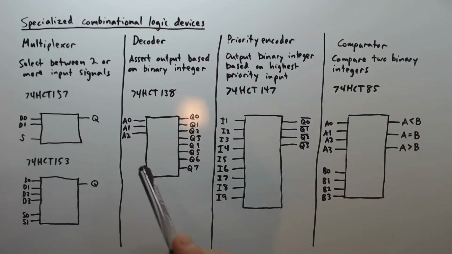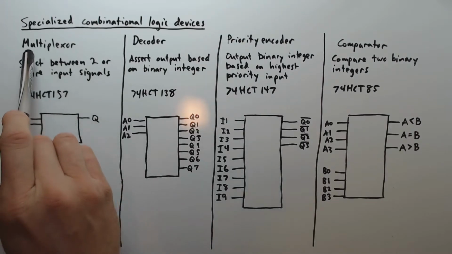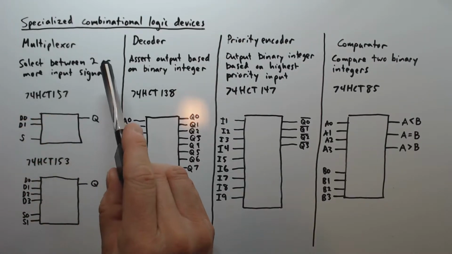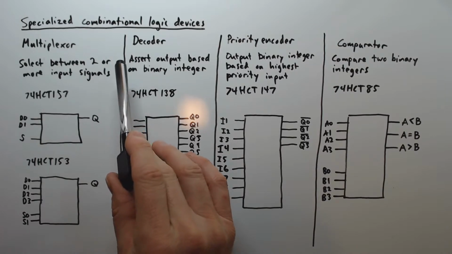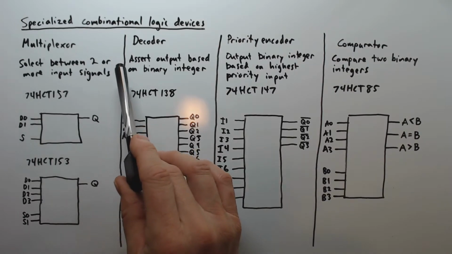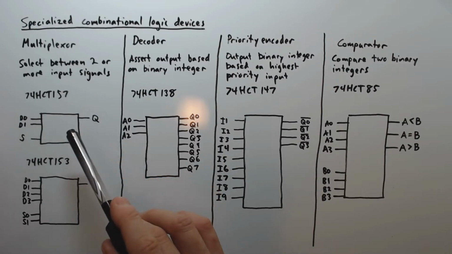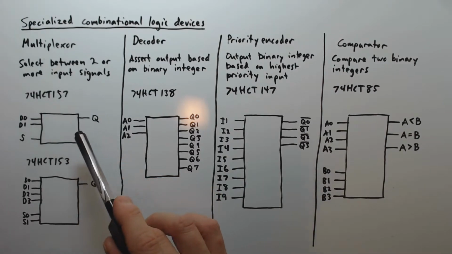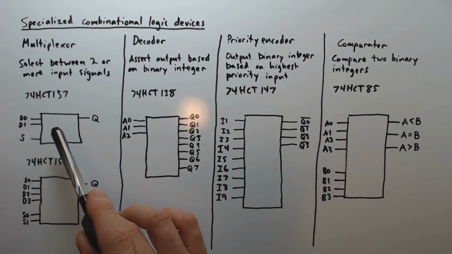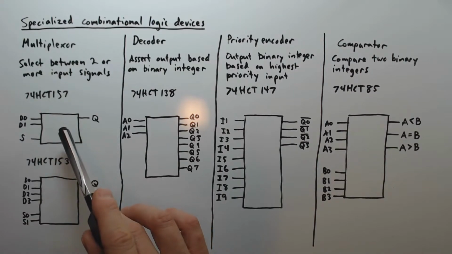All right, so let's look at a few examples. So a multiplexer allows you to select between one of two or more input signals. So here are a couple examples: 74HCT157. This is a quad two-input multiplexer. Here I've only shown essentially one, but in fact, the device has four of them.